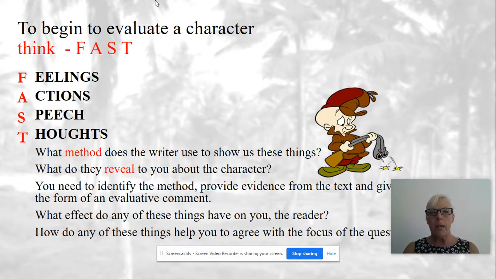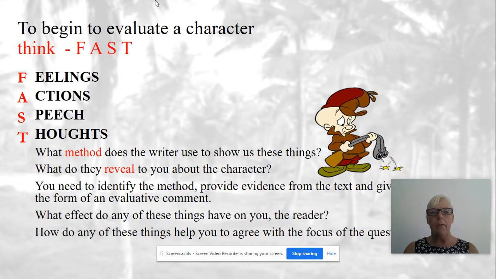So think about the way the character interacts or what they say. What does it tell you about them? It might reveal how they are feeling. You need to identify the method. You need to provide evidence. So think about what quote or what words you could embed to show and prove what you now know about the character, how they're behaving, and you need to be able to evaluate that.